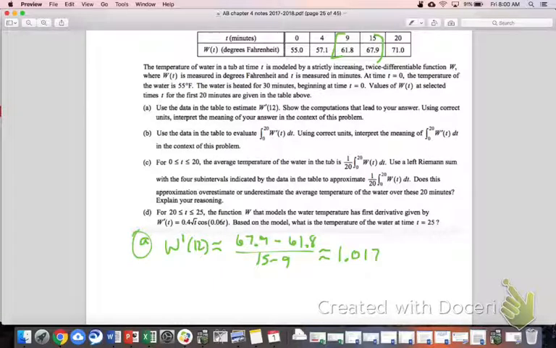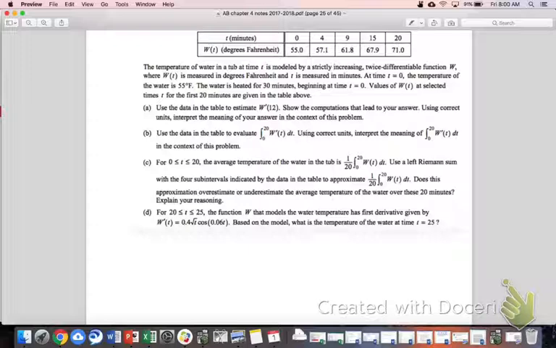Okay, and then as far as what that means in the context of the question, there'd be two ways we could go with this. At this point, is it okay with you if I just erase that part and write down the explanation? Remember that it's 1.017. So if I was going to try to explain that, this would be the more generic way of doing it: 1.017 is the rate of change of the temperature, in what kind of units would go with that?